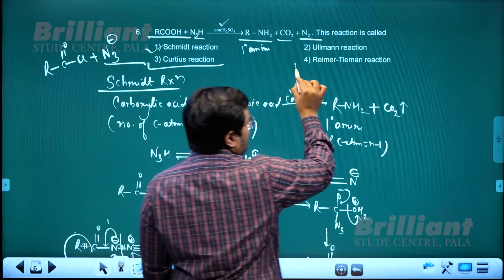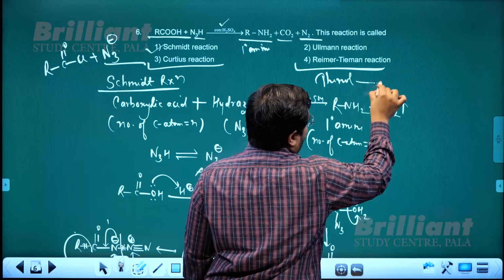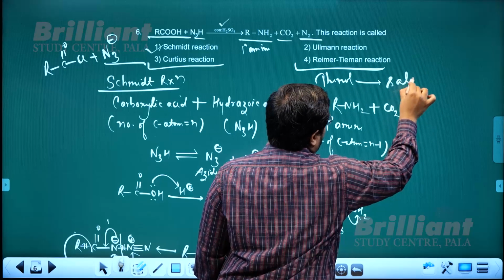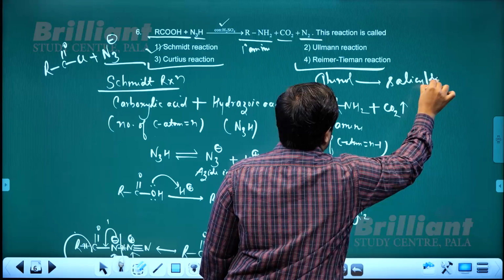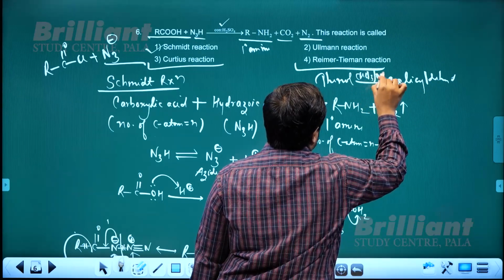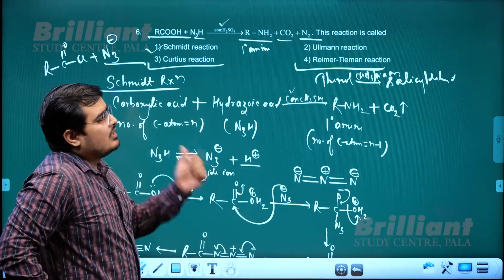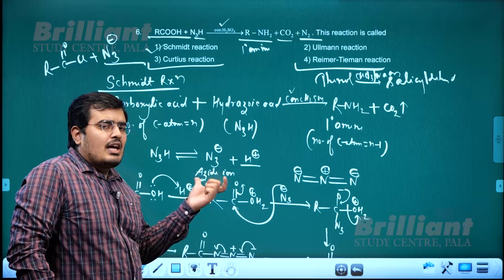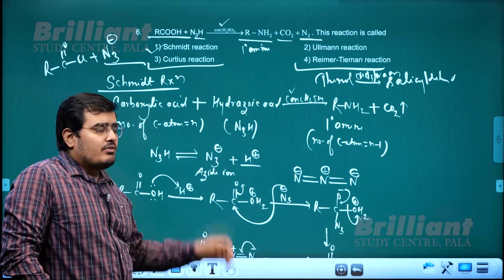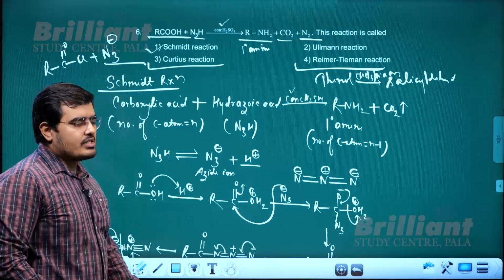The Reimer-Tiemann reaction is actually used for phenol, where from phenol you prepare salicylaldehyde using CHCl3 in basic medium, whereas the Ullmann reaction you have studied in the alkane hydrocarbon chapter for the preparation of alkane. So our answer here is the Schmidt reaction.